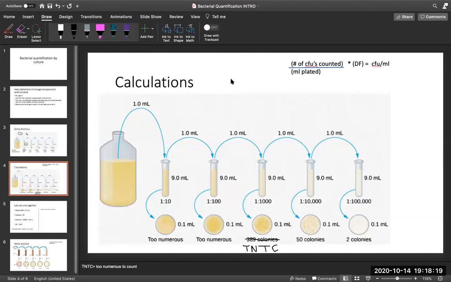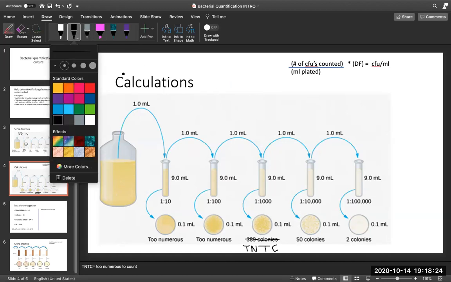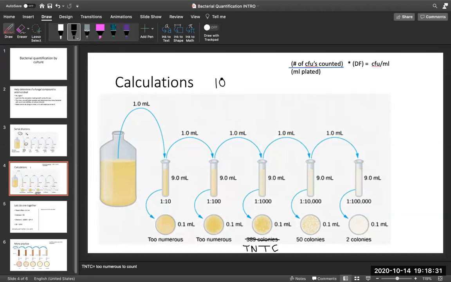Now remember that 100 microliters is equal to 0.1 mil.